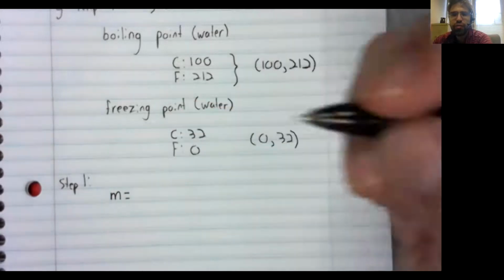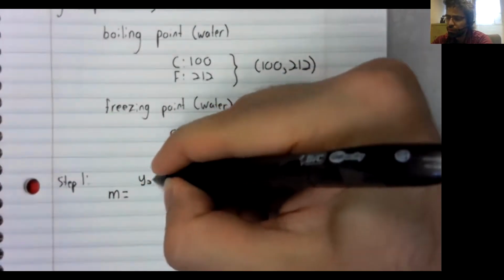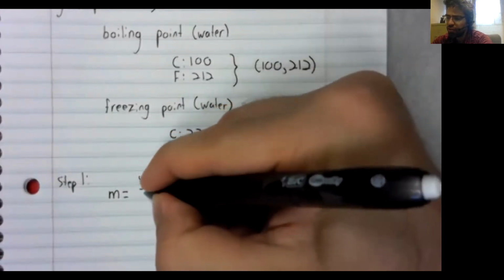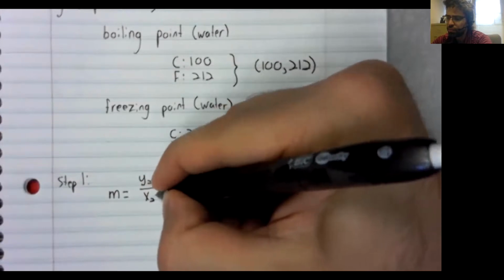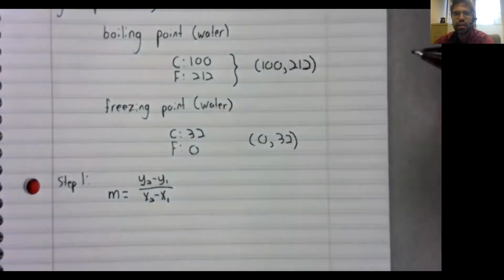We need to find the slope, which is the rise divided by the run.